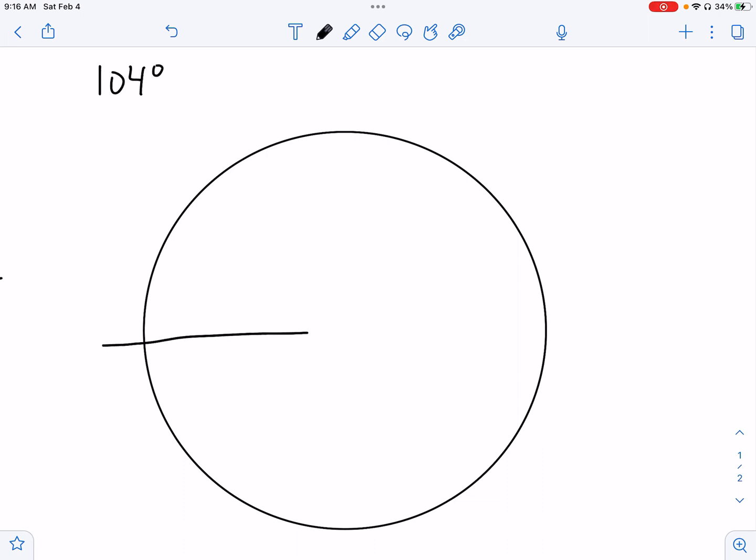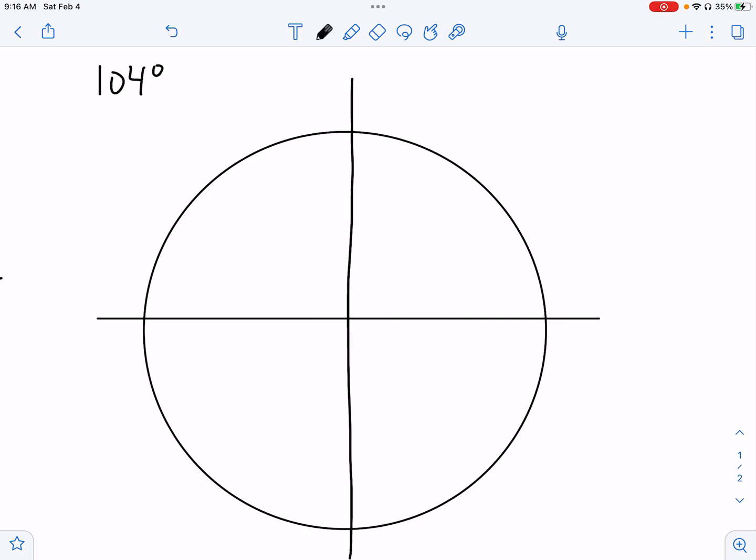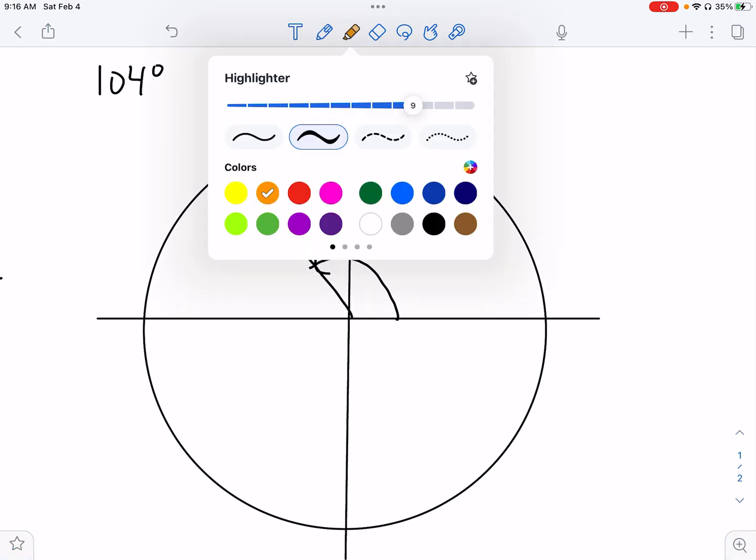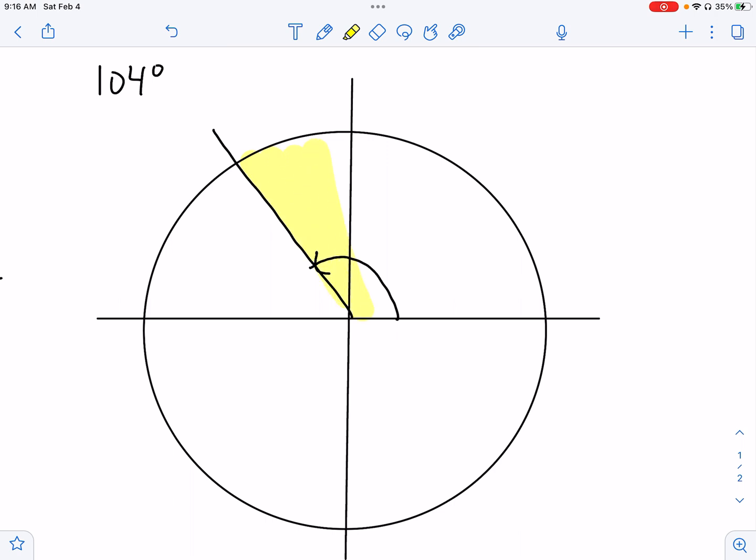I know across the unit circle would be 180 degrees, and vertically up and down is 90 degrees. So 104 degrees is all of the 90 degrees plus a little more, so the terminal side of that angle would end somewhere over here. My sketch would look something like this. This is an angle of 104 degrees.